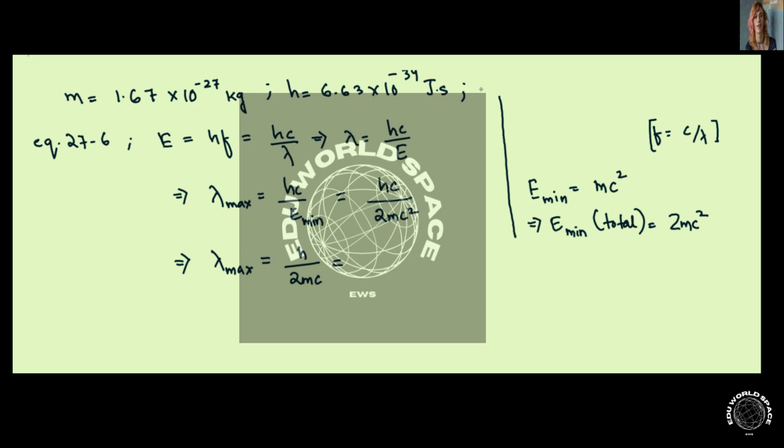M we already have here, and c is the speed of light. So using all those values in this equation, we get lambda max is equal to 6.62 times 10 to the power minus 16 meter.